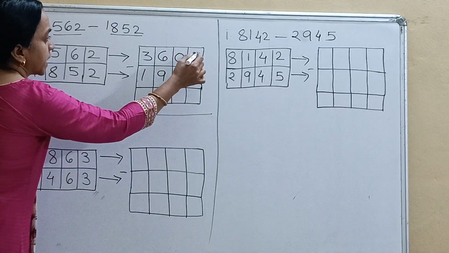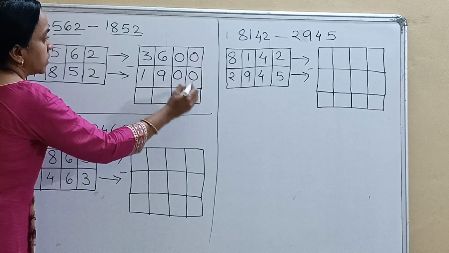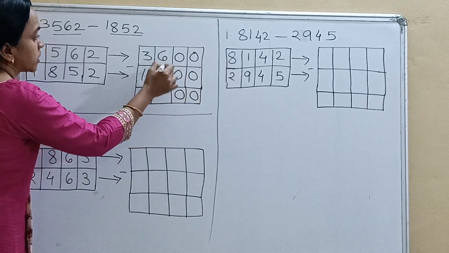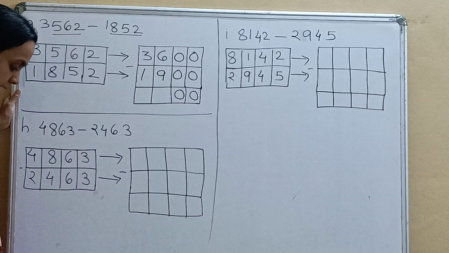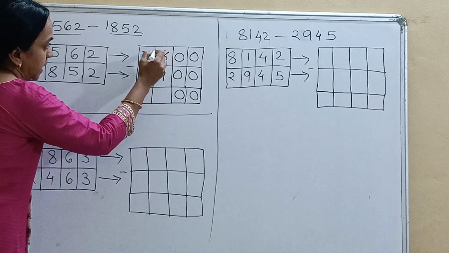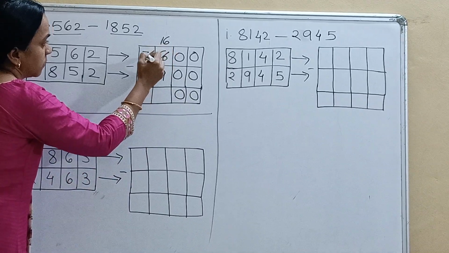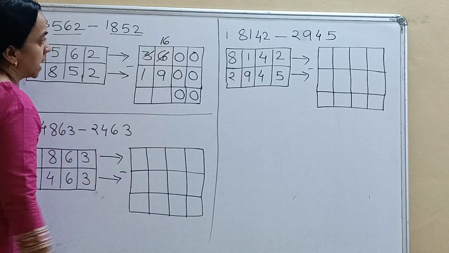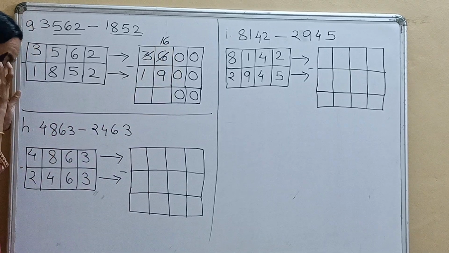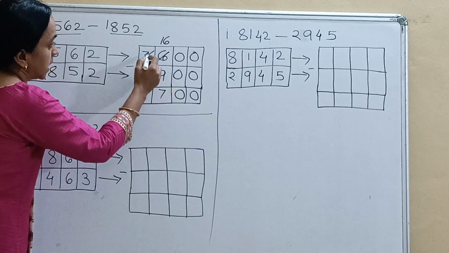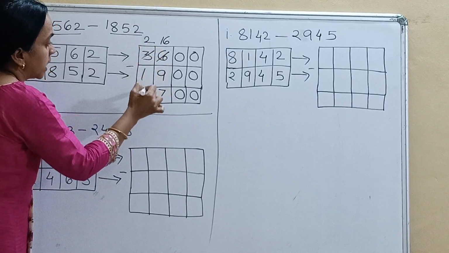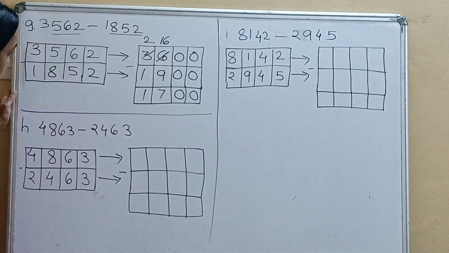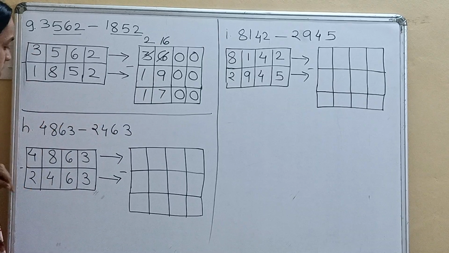Now do the subtraction. 0 minus 0, 0, 0 minus 0, 0, 6 minus 9. Here 6 minus 9 is possible? No. So take 1 from this 3 and write down here 16. 16 minus 9, 7. 3 minus 1, 2. 2 minus 1, 1. So what is our answer? 1700. Now see H question.